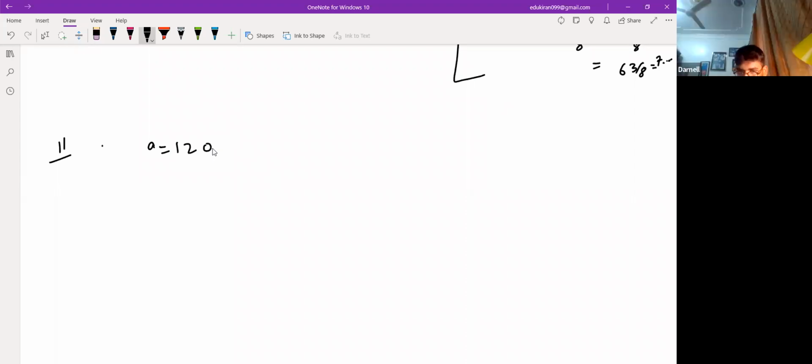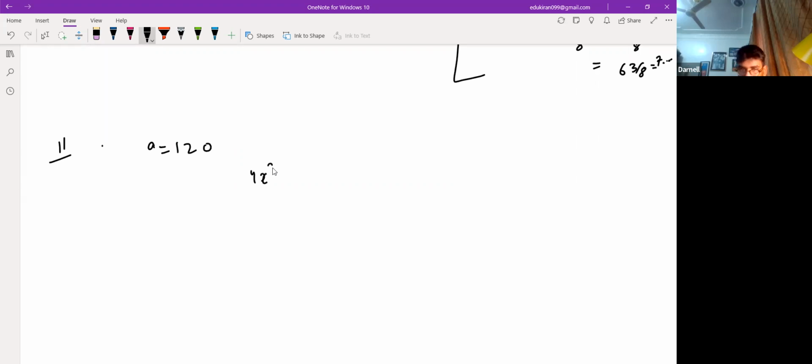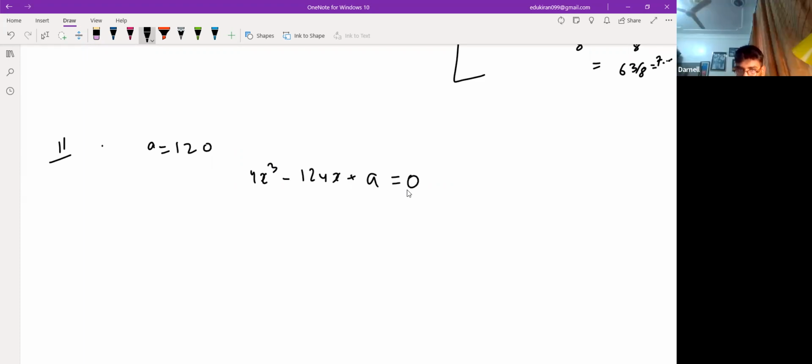First, I differentiated and then equated it to 0. What did you get on differentiating? 4x cubed minus 124x plus a. Okay, now next, what have you done? I equated it to 0. Fine. Equal to 0. Okay.